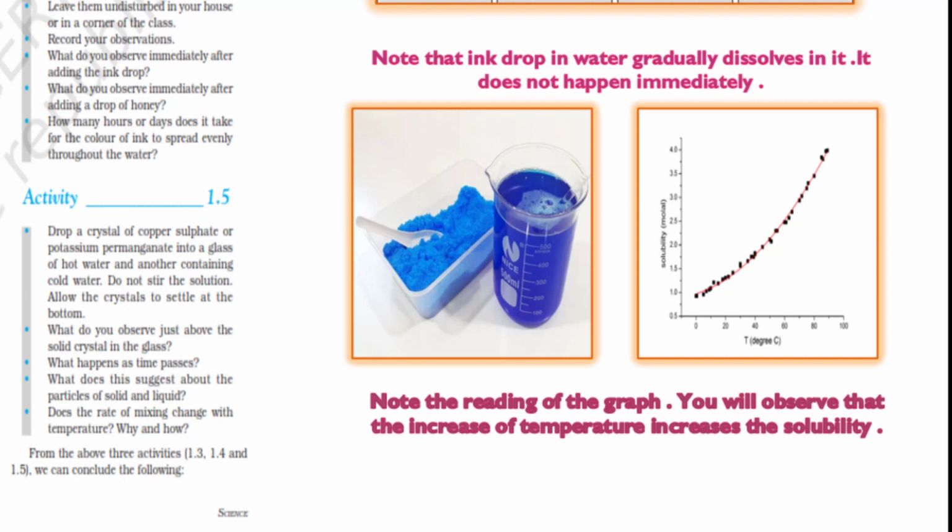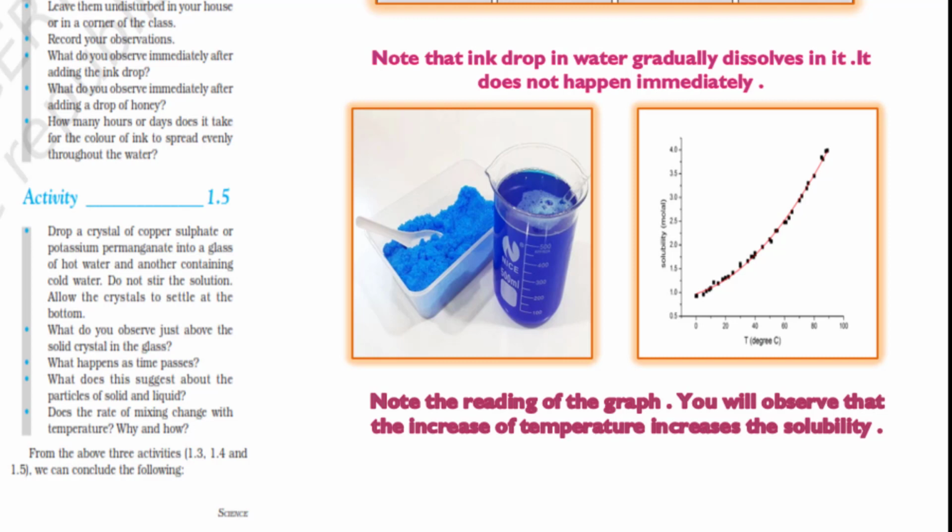To prove this, we will do this experiment in which we take a beaker containing water and you can see in the picture blue crystals of copper sulfate. So when you add copper sulfate crystals in water, you will find the water contained in the beaker turning blue.